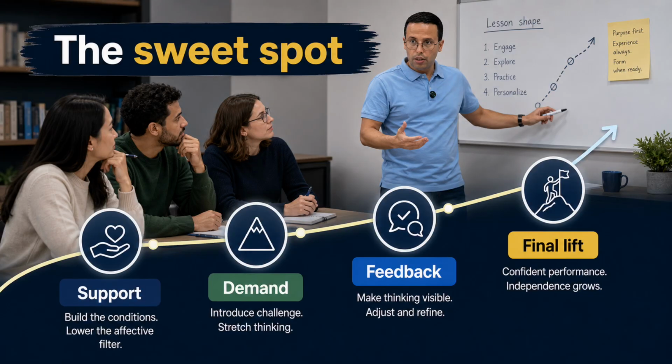Students avoid risk, hide behind stronger classmates, or use language they already know. Look, what is the sweet spot here? Support before demand, demand before feedback, feedback before the final lift.